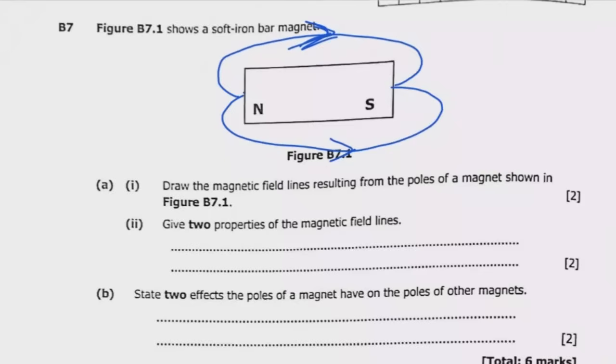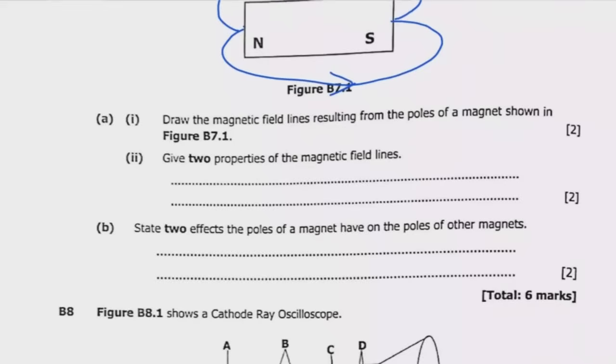Now we come to question A2: give two properties of the magnetic field lines. What are the properties of these magnetic field lines?